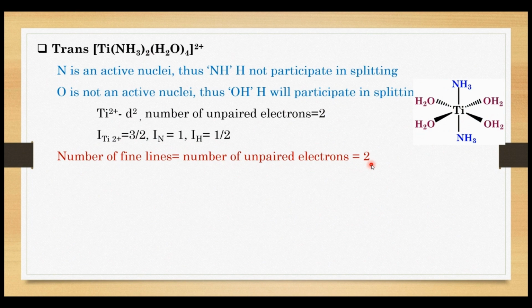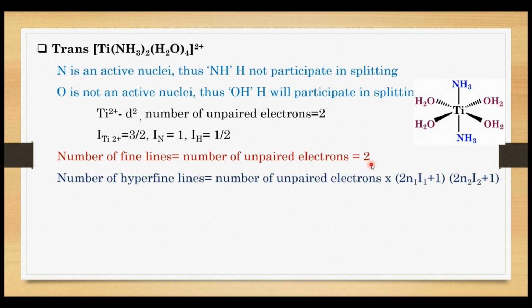The number of hyperfine lines means the number of unpaired electrons, and also we have to consider the splitting caused by the active nucleus. Here the hydrogens of nitrogen won't participate, but the hydrogens of oxygen will participate.